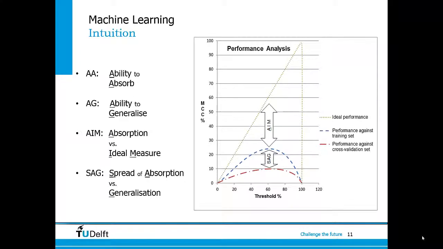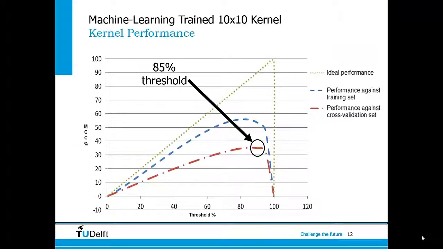So this gives you intuition, as well as a way to measure accuracy, and we have used it to train a 10 by 10 kernel, and after 24-25 hours of computation on the Amazon cloud, this was the result of that effort.